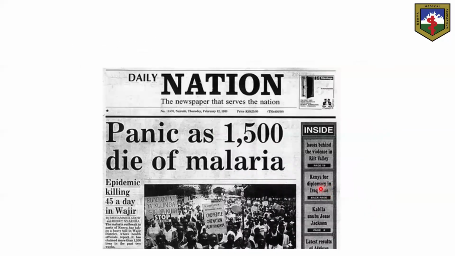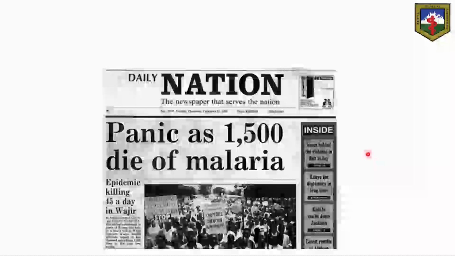This is an old newspaper photo that showed the headline back sometime in the early late 90s about malaria killing almost 1,500 people, 45 people per day in places like Wajir were dying of malaria.